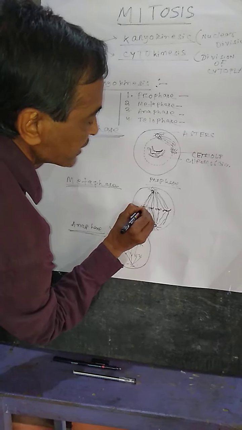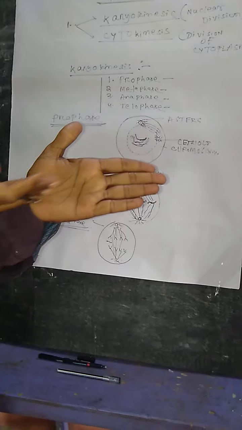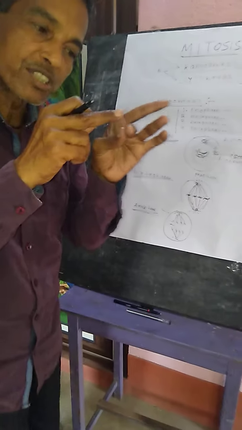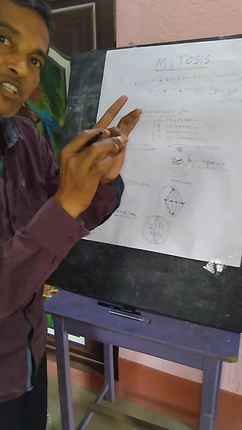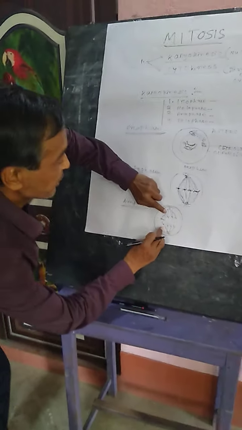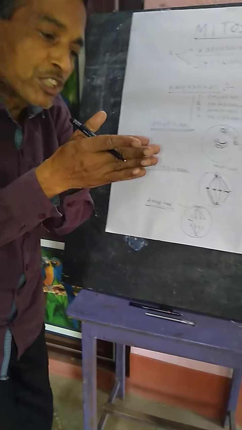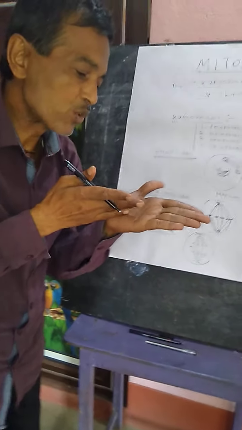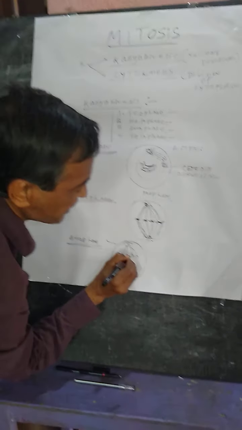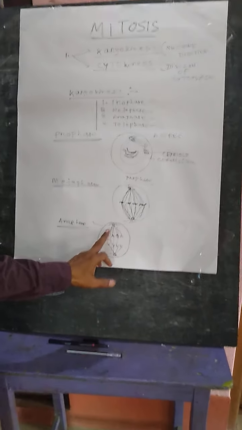The centromere divides longitudinally, and a repulsive force starts at the middle. By the stretching action of the spindle fibers and by the repulsive force developed at the middle of the centromere, the centromere divides longitudinally, and then the two daughter chromatids are pulled towards each pole, becoming V-shaped.